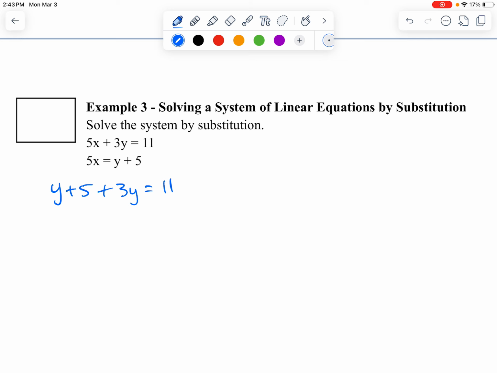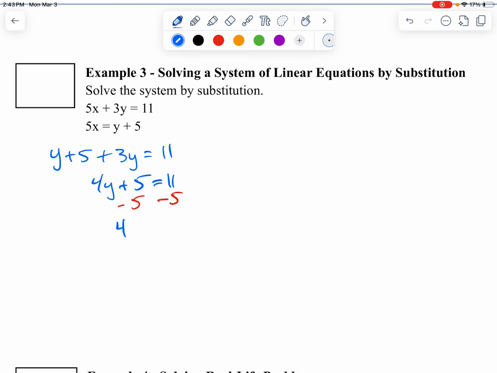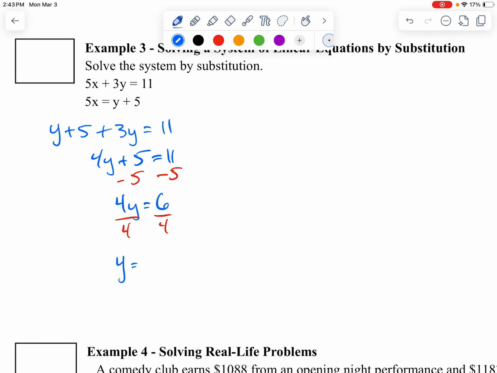Combine like terms. 4y plus 5 equals 11. Solve for my variable. Divide by 4, and we get y equals 6/4, which works out nicely as a decimal to 1.5.